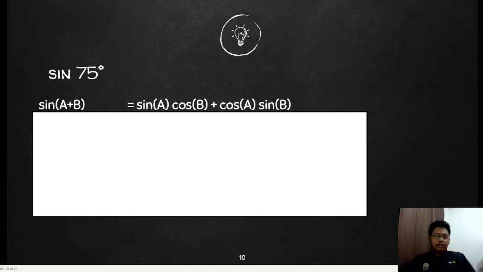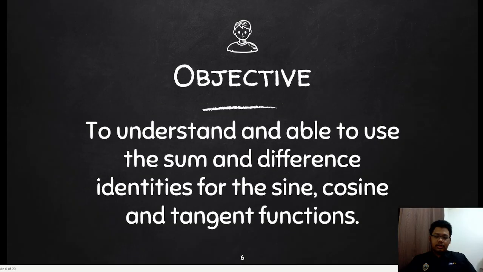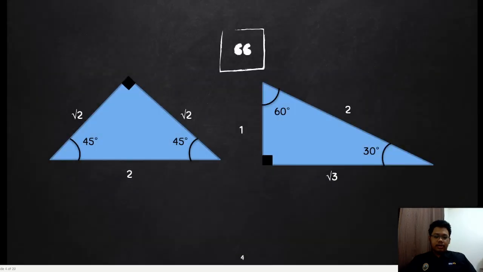So I take 45 and 30. Sine 45 we already calculated in the previous slide: opposite over hypotenuse, so square root of 2 over 2. Sine 30 is opposite, so 1 over 2. And cos 30 is square root of 3 over 2.